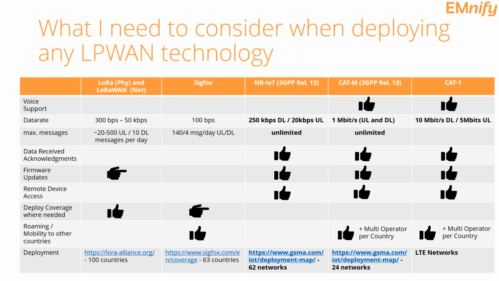In the cellular space, this is a SIM card, and with LTE-M and Cat1, you're now able to roam in any of the countries that support it, and you also have the possibility to roam within multiple operators. That means even if one operator does not have full coverage in that country, you can use other operators offering the same technology and have a larger coverage.